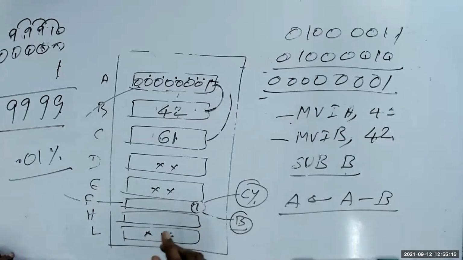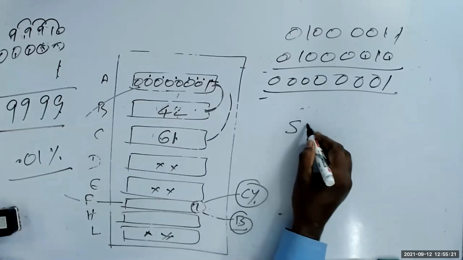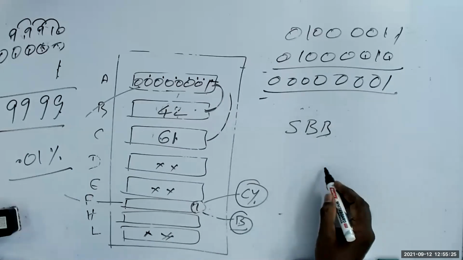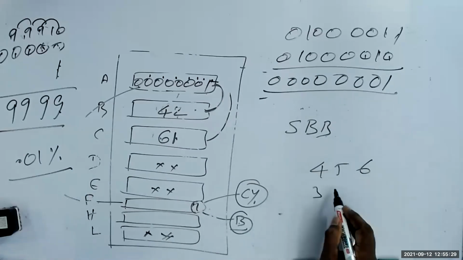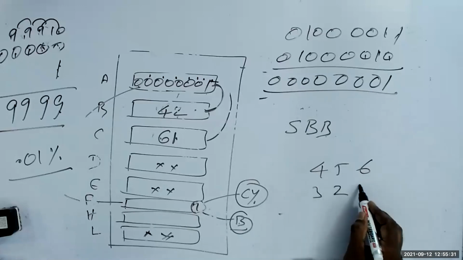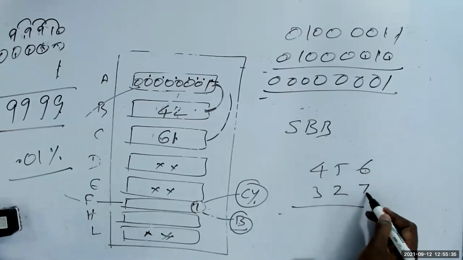The beauty is, like add with carry, we have an instruction called subtract with borrow. For example, 456 minus 327. The moment you subtract here, 6 minus 7, you borrowed 1.